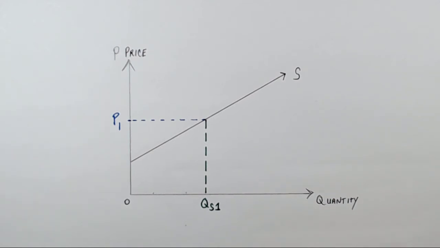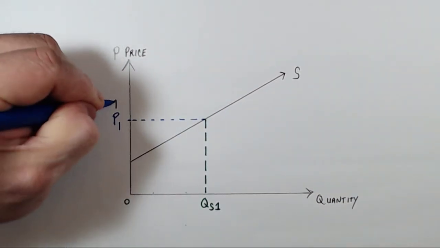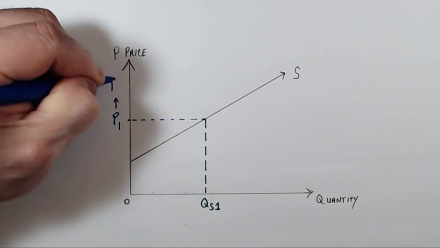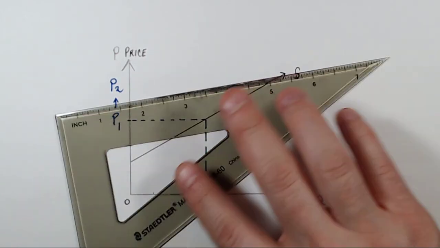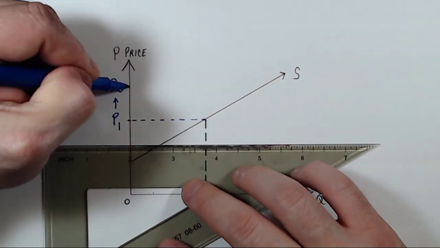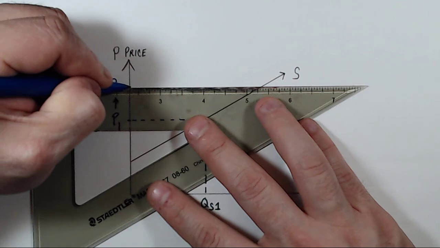Now let's see what happens when we increase the price. So let's arbitrarily increase the price to P sub 2. We're really just going to follow the logic of the graph. Same thing, I'm going to place my straight edge at P sub 2 and just follow it out to the supply curve.